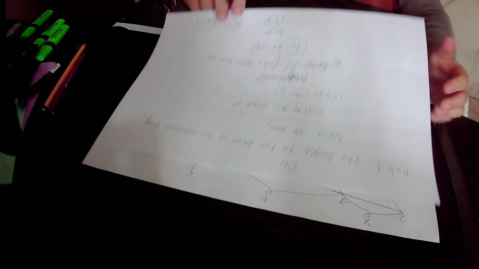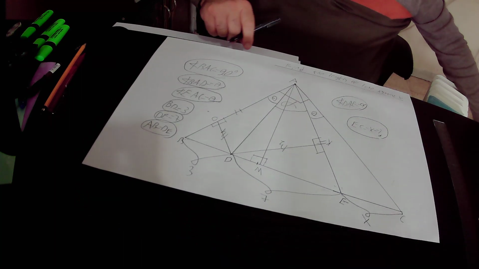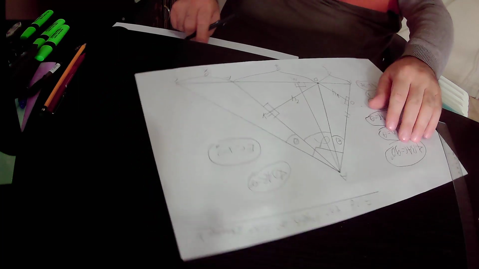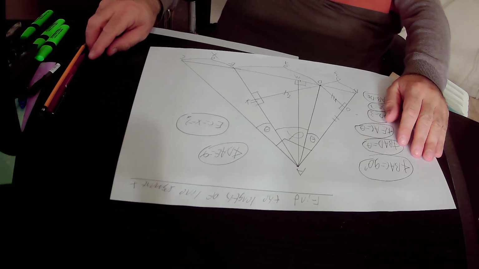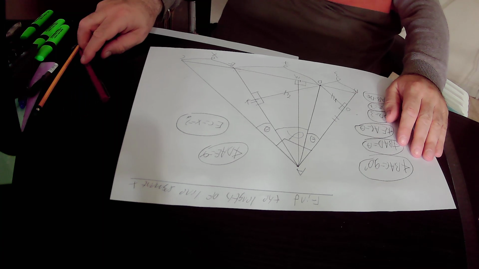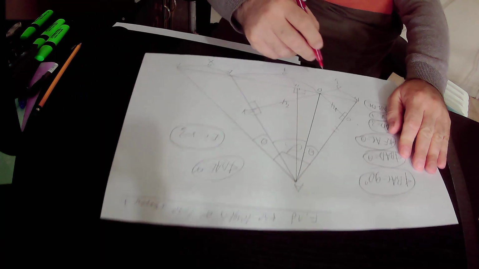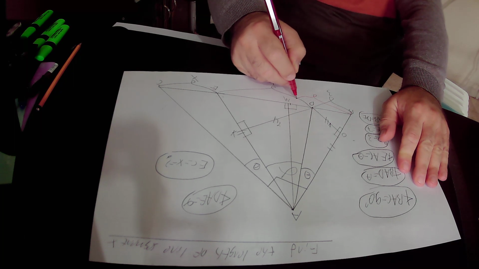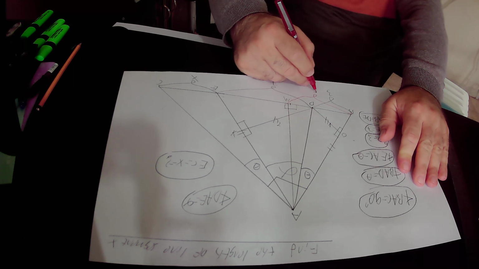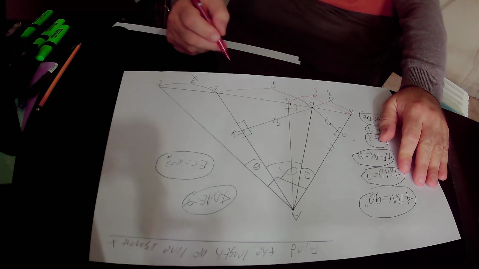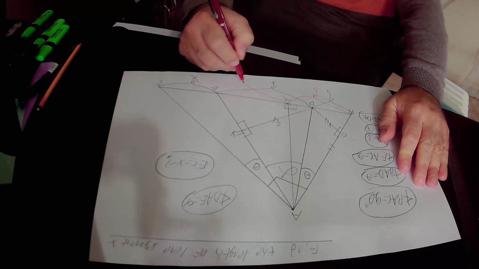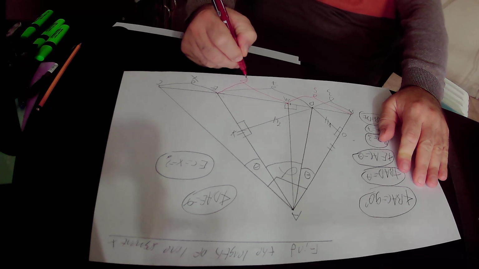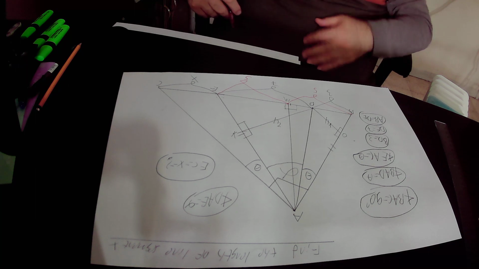So we can write down that BM equals 5 units and ME is also equal to 5 units. Okay?